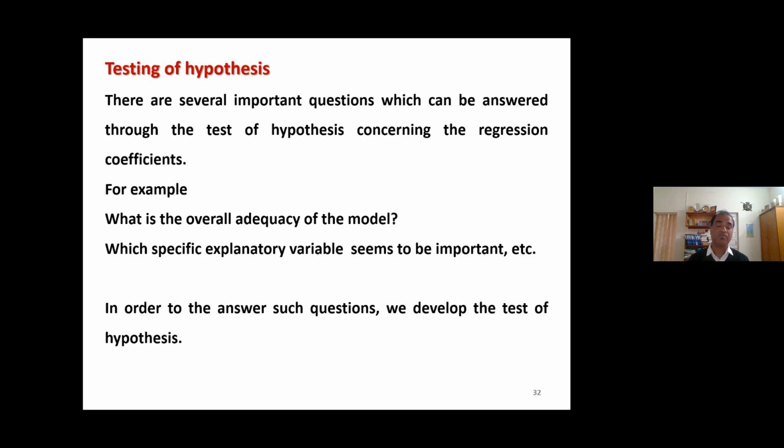After you have found the model, there are a couple of questions: whether my model is good or bad. And you also want to know whether the variables which you have used are good. And then the question comes, what is the meaning of good here? Good means, are they really going to help us in making the model better, or are they not contributing?